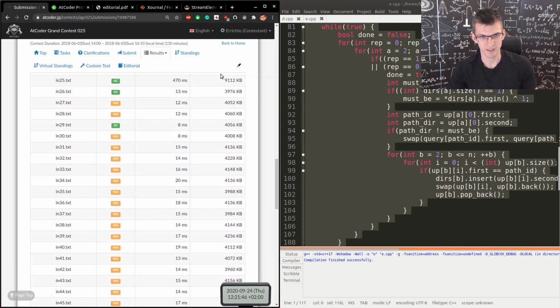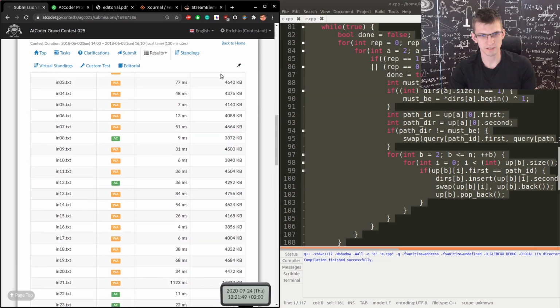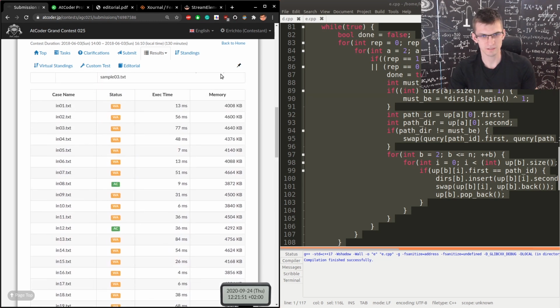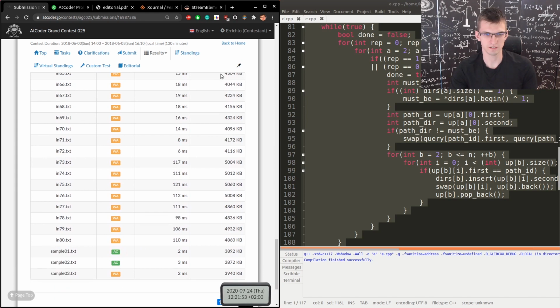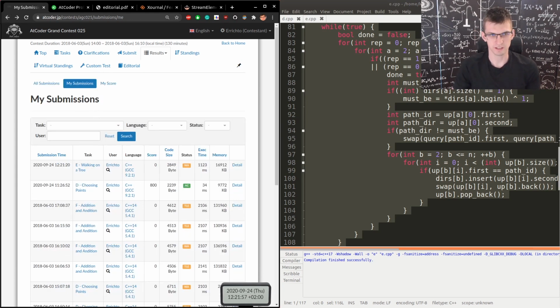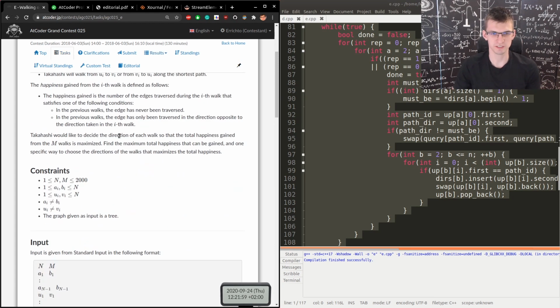Very bad sign. Why didn't I get any time limit exceeded? Wait. Oh, sample. The third sample is wrong. So let me analyze that. I'm very lucky that one of samples is wrong.